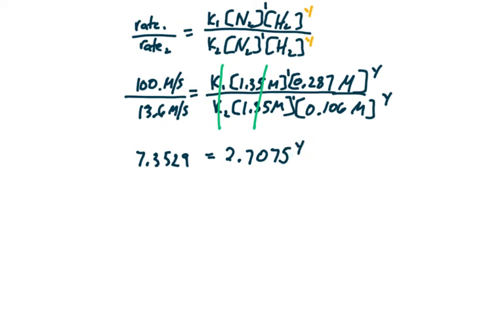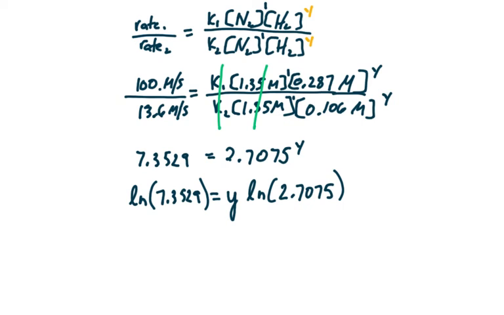Okay, so when I take the natural log, this exponent becomes, we can bring it down here. So this would be the natural log of 7.3529 is equal to Y times the natural log of 2.7075. And I can just bring this over.